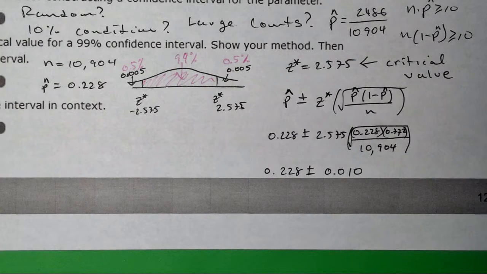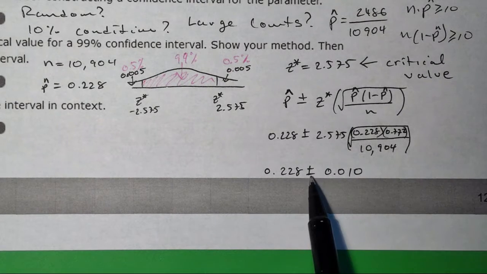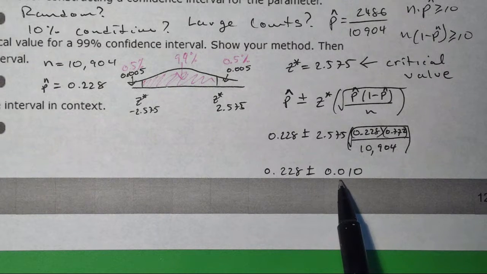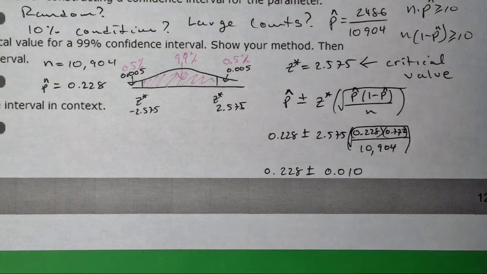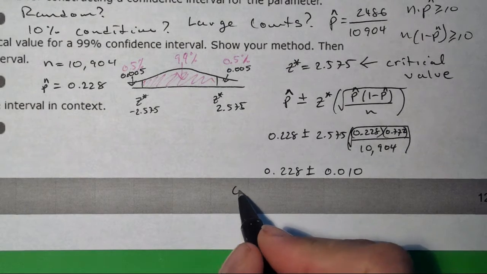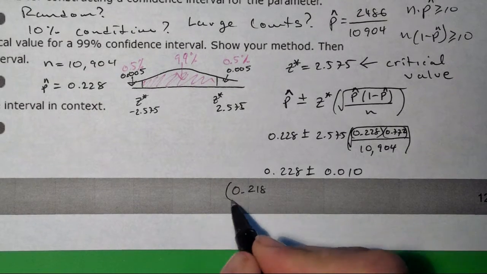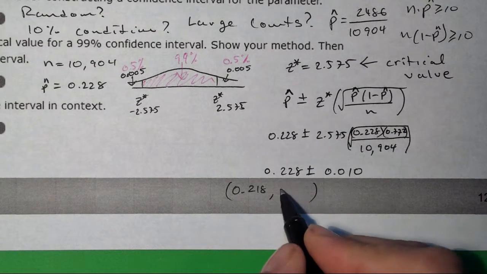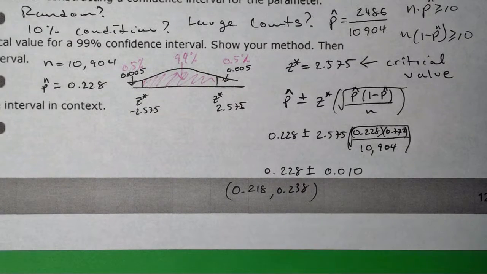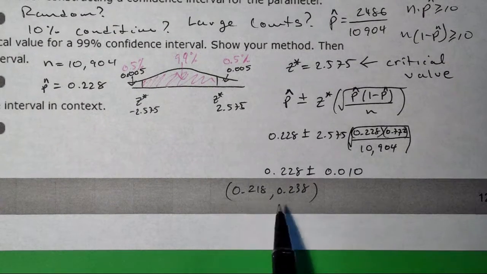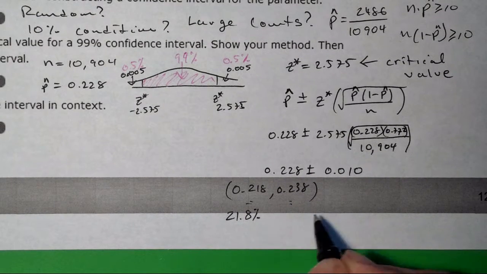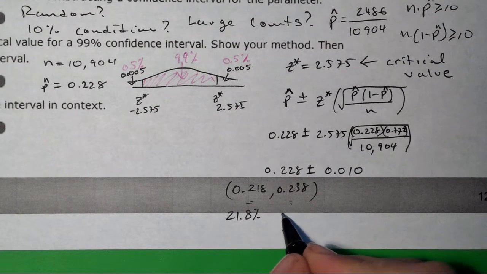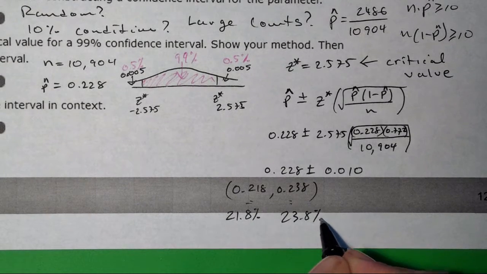And then you should get an interval, so plus 0.010 and then minus 0.010 should give you an interval of 0.218, 0.238. Okay, so between these two values here, or better known as 21.8% and 23.8%.